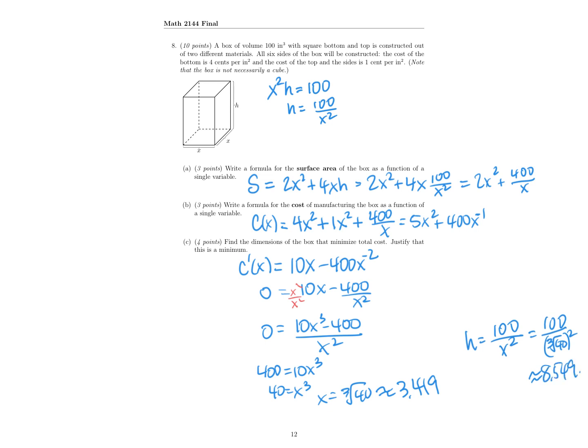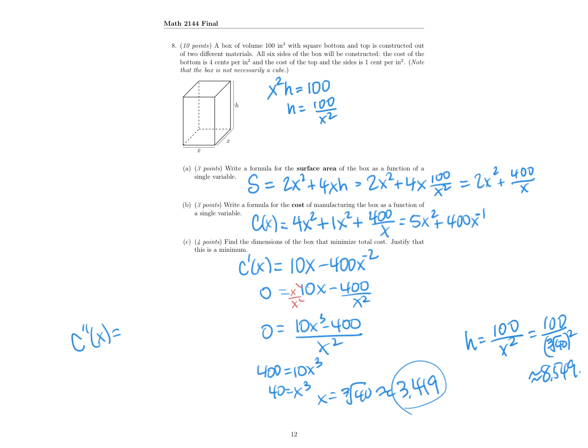And then to justify that it is a minimum, I can just do C double prime and plug in that value of x and make sure that it is a minimum by ensuring that the function is concave up.